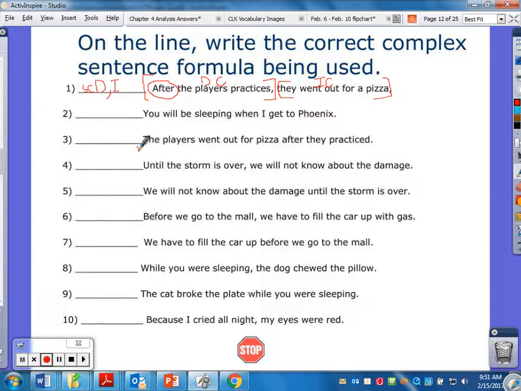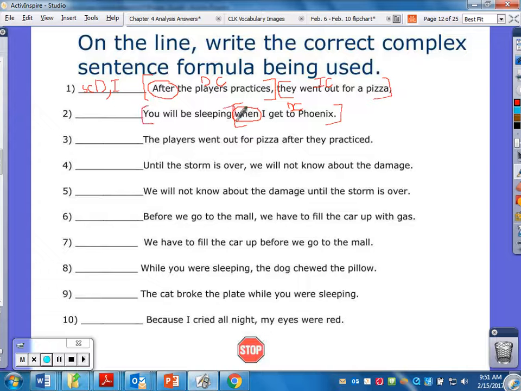Let's look at number 2. You will be sleeping when I get to Phoenix. Do you see a subordinating conjunction? I see it. If you said when, you are correct. We're going to go ahead and circle it. That's our headlight. That means it's starting our dependent clause. So we're going to bracket that in and label it dependent clause. Let's look at the other. You will be sleeping. Is that a complete thought?